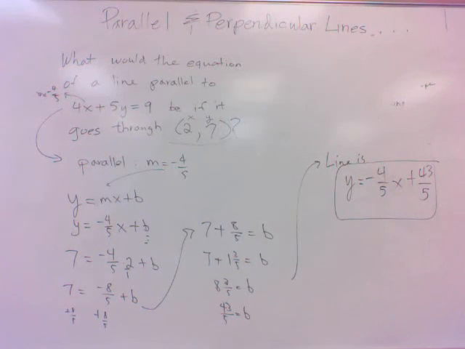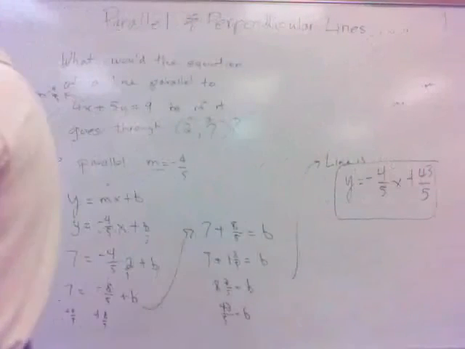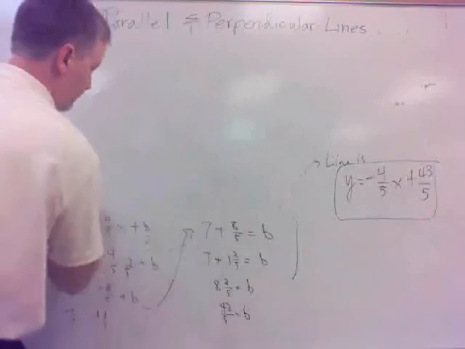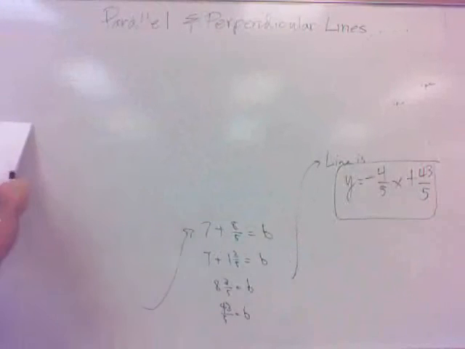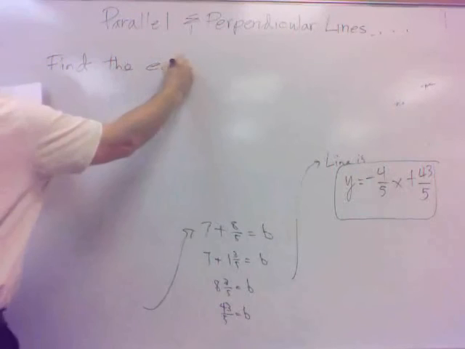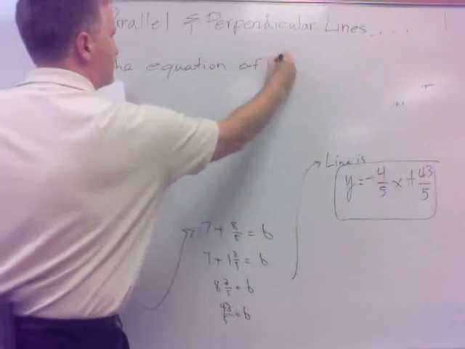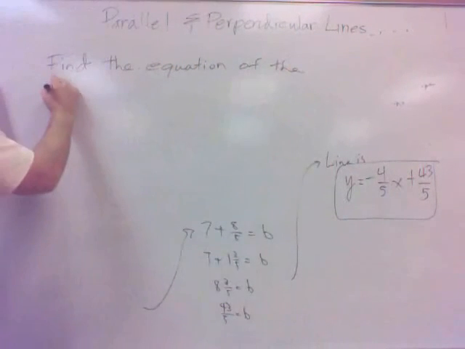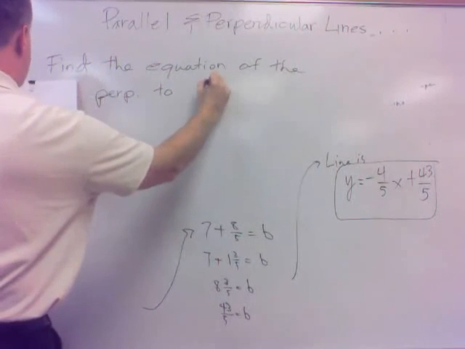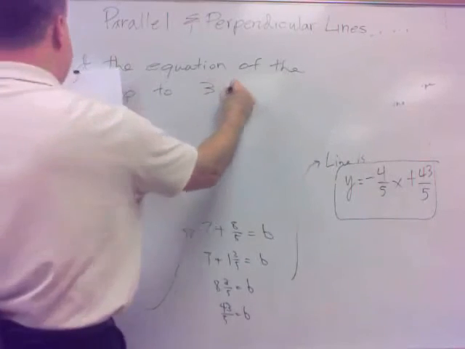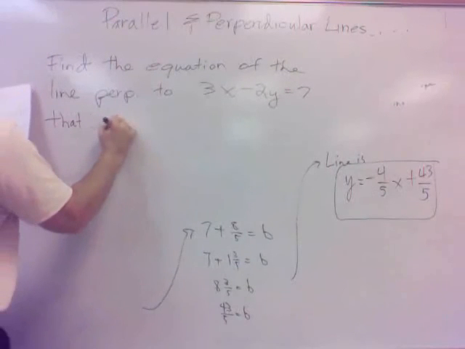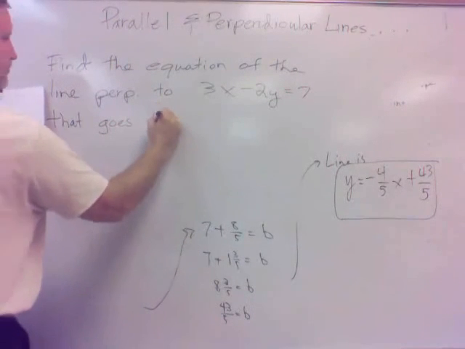All right? Okay. Well, let's do one more of those just kind of from scratch here. Find the equation of the line perpendicular to, let's do the same one, 3x minus 2y equals 7, that goes through (3, negative 8).